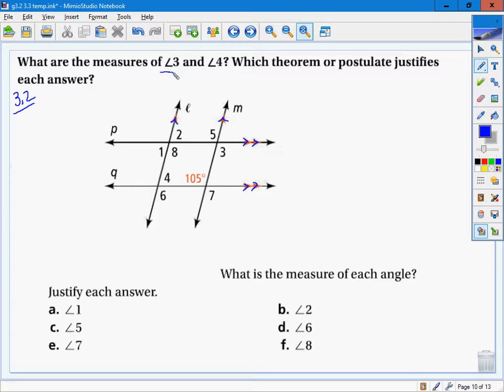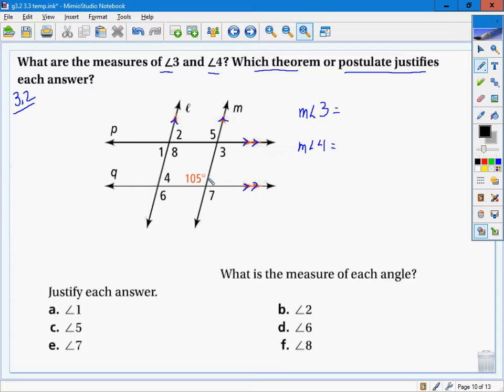The first thing they asked me for are these two angle measurements. So I'm looking for the measure of angle 3 as well as the measure of angle 4. But they also ask me to justify it. In other words, look at the information and tell them why I know that that angle has to be that measurement.